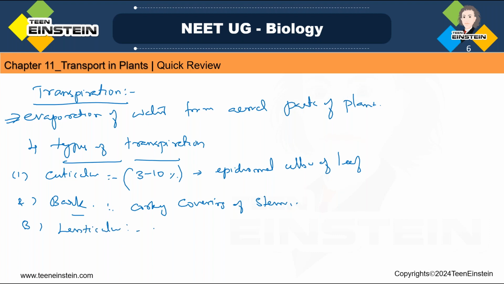This lenticular transpiration occurs through the lenticels. And here this is a very small amount, that means a negligible amount of water, like 0.1 percent is lost through lenticular transpiration. And next, the fourth type is stomatal transpiration.